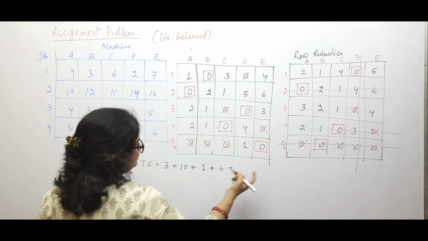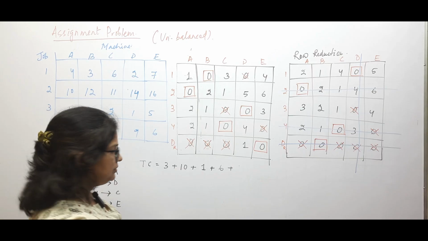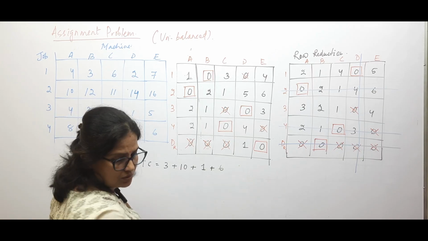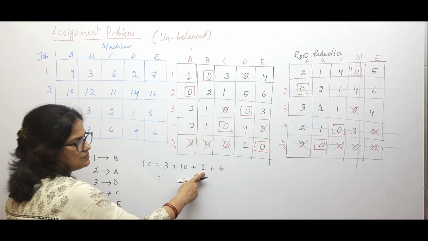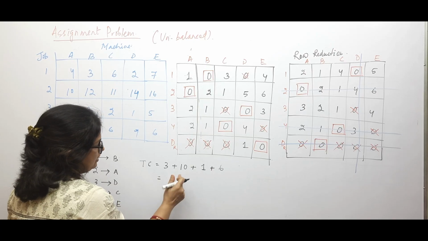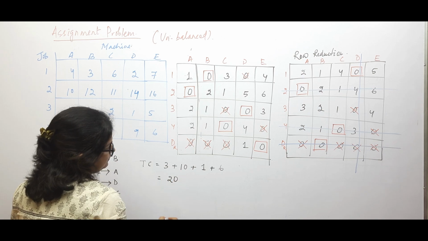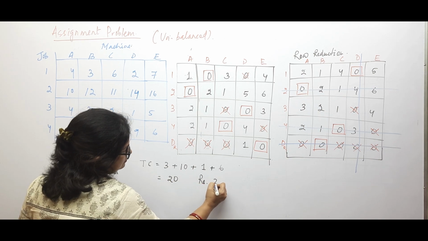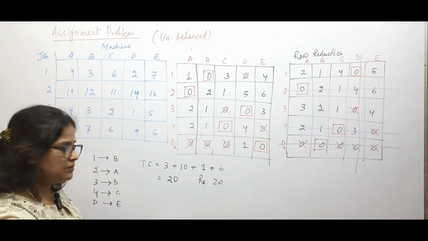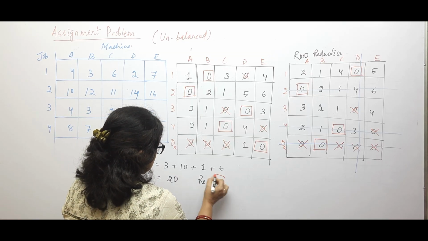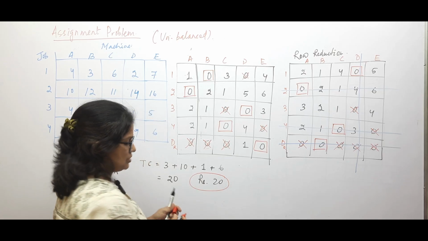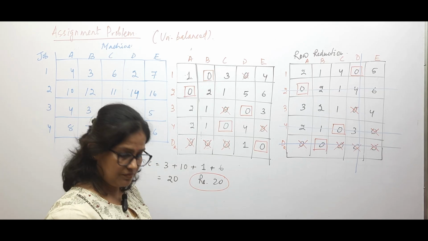So no need to write that one. We have to calculate the total cost here. So the total cost will be 6 plus 1, 7, 7 plus 3, 10, 10 plus 10 is 20. So rupees 20 is our total cost, or we can say the minimum cost for this assignment problem.